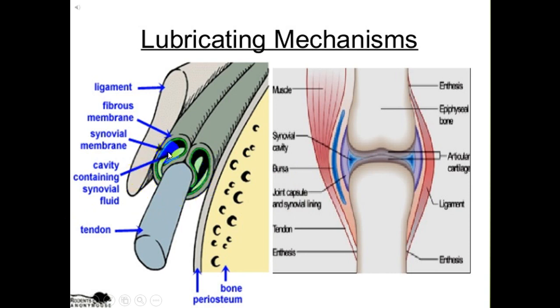The two layers of the sheath contain synovial fluid, and there is this part where the tendon has invaginated. This part is known as the mesotendon, and through this part the blood vessels also enter to supply the tendon. So these lubricating mechanisms are there to reduce the friction between the moving parts.